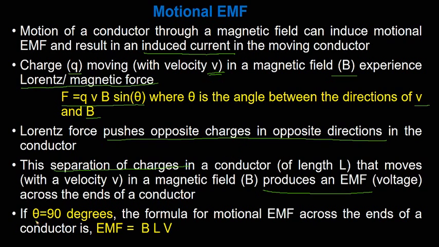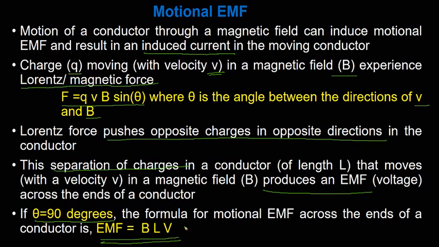Now, whenever the theta between the velocity vector and the field vector is 90 degrees, then the EMF can be obtained using this simple formula. We are not deriving where this comes from.